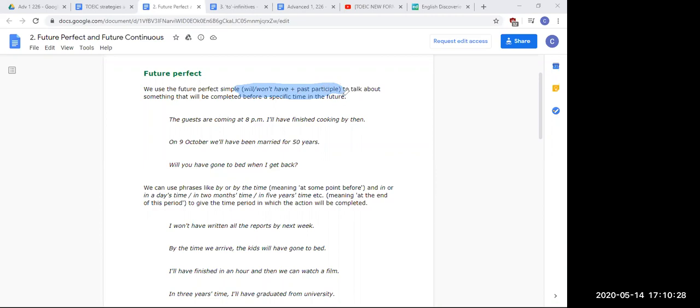So this is a point in time that something will happen before, before a specific time in the future. So the guests are coming at 8 p.m. I'll have finished cooking by then. So the point in the future is 8 p.m. And we are saying that between now and 8 p.m., I'll finish cooking. So I'm cooking now, I will finish cooking, and then the guests will arrive.